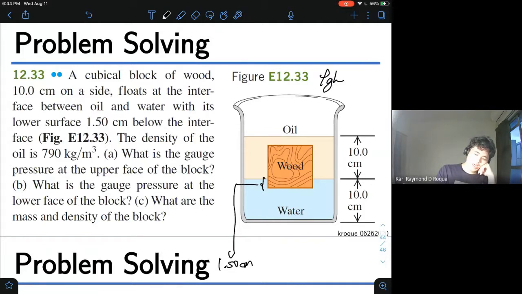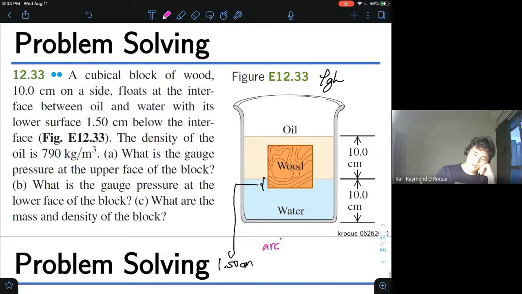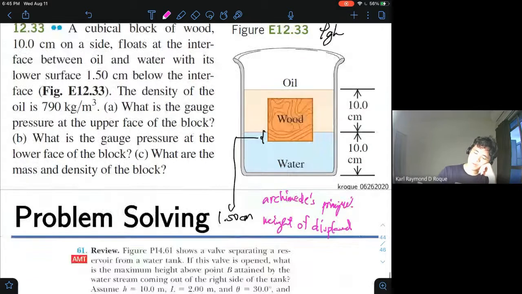Next, what else? What else? Archimedes principle, weight of displaced fluid equals buoyant force.